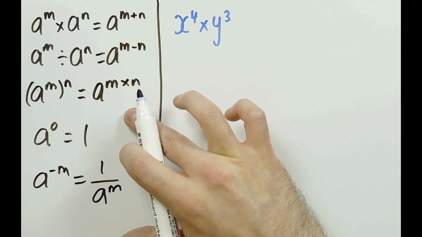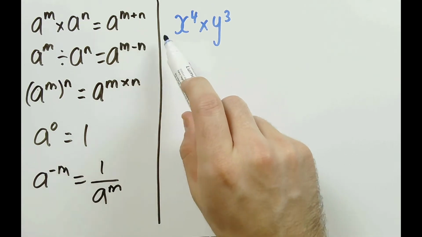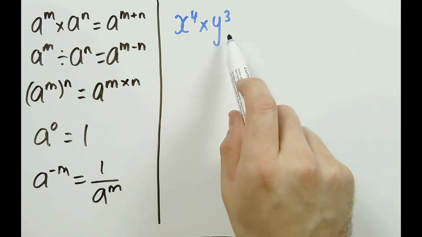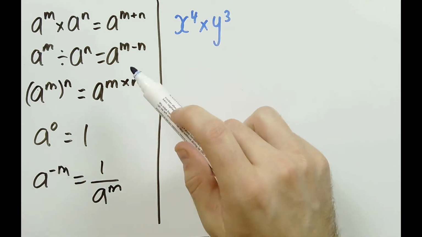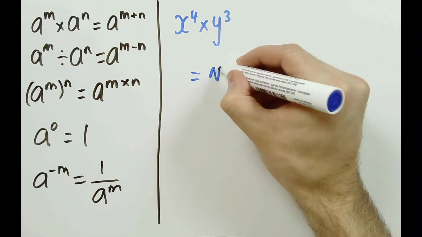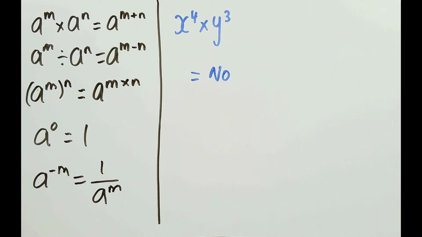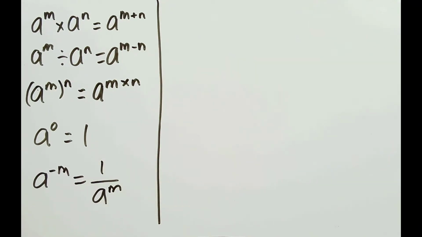Despite the first one being similar in nature, the bases are different, which means we can't do anything to combine the indices. So here there's no simplification, or it's in its simplest form already. So that's just something to look out for. You may come across that. You can only use the index law where the bases are the same.